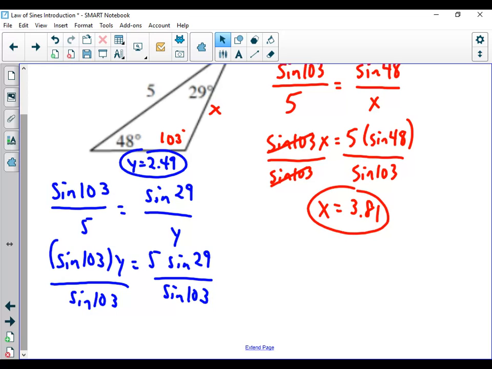So for the example, general notation, the capital letters will be for angles. The side across from those would be lowercase.